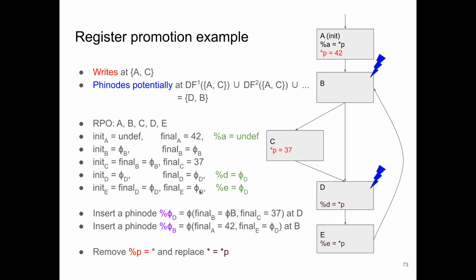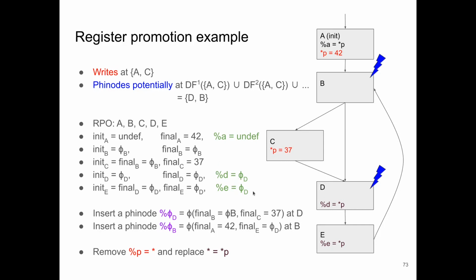So far so good. We scan all the blocks and deduce the initial and final values at each block. We also deduced what should be the loaded value for each load instruction. %A should be undef, and %D should be the final inserted at D, and %E should be the final inserted at D. And using this information, we actually insert the phis.